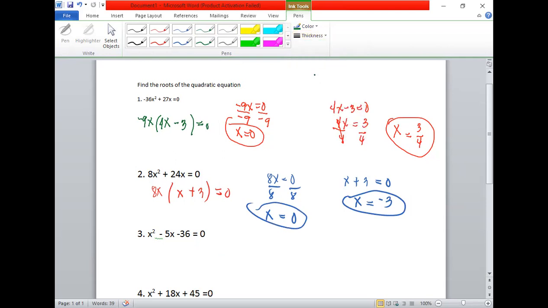For the next equation, we have a trinomial: x squared minus 5x minus 36. If we have trinomials like this one, with first, second, and third term, we have three terms here.